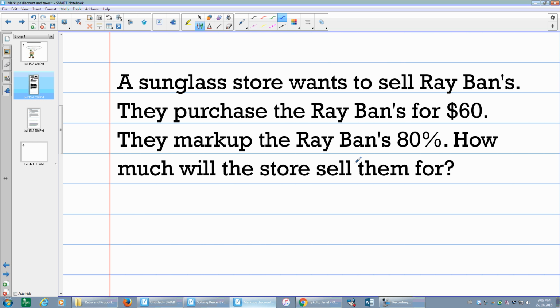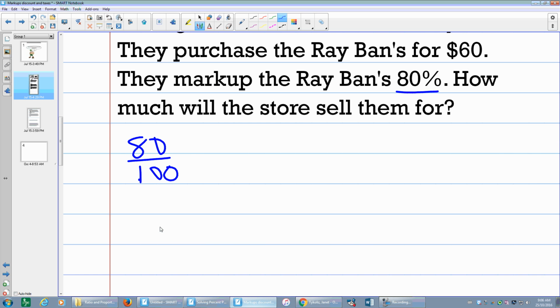So again, I'm going to start off here. I take my 80% and I write it as a decimal, which gives me 0.8. I'm going to then multiply that by my cost of the Ray-Bans, which is $60.